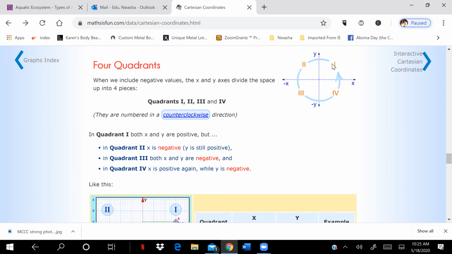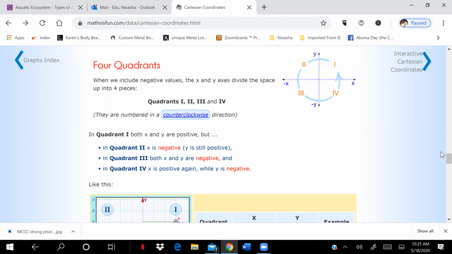But the quadrants go in a reverse order, or counterclockwise. So number 2 would not be right here, where sometimes people think it would be because naturally most of the time we go clockwise. Number 2 is going to be to the left. Number 3 is going to be to the left and the bottom. And number 4 is going to be right under number 1. So you're remembering that you're going counterclockwise.